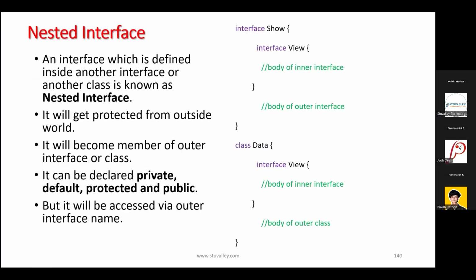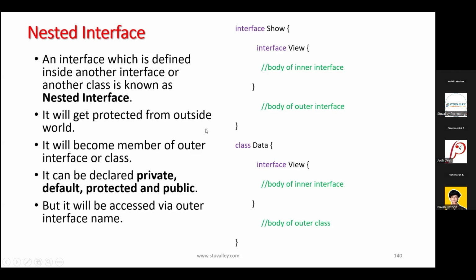Same as nested classes, we can create nested interfaces as well. That means we can define an interface inside another interface or another class. That is known as nested interfaces. So suppose there is this interface Show. Inside that we are defining interface View, and there are two different interfaces, an outer interface and an inner interface. You can define it as a part of, or member of, the outer interface.